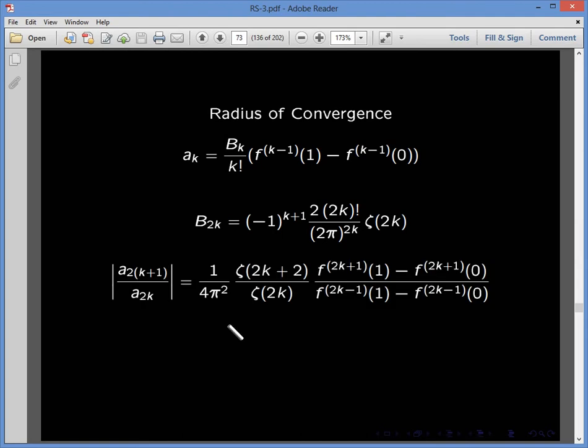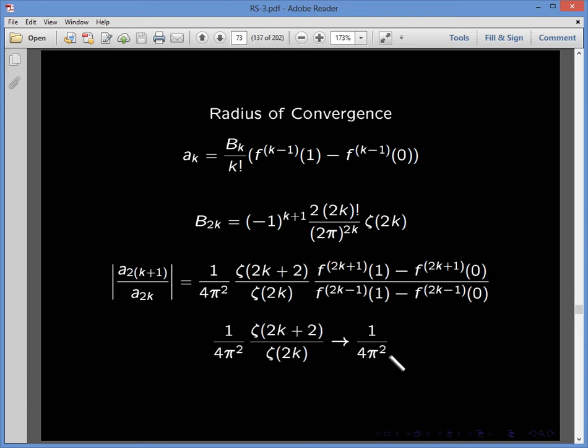So if you take this adjacent ratio of even indexed coefficients, from that we pick up all these terms. Okay, and this part looks really ugly. And what happens to that part? The Riemann zeta function quotient is approaching 1, so it's mainly just 1 over 4 pi squared is what we have.